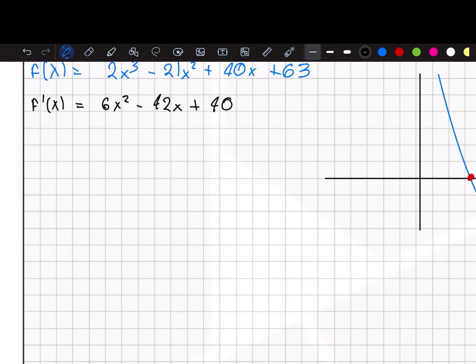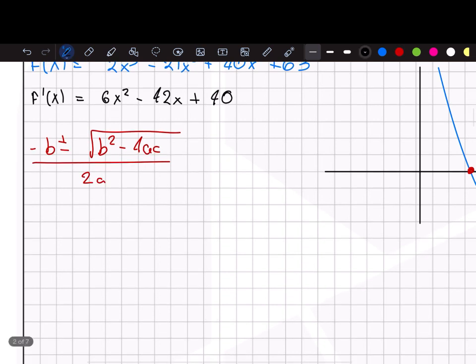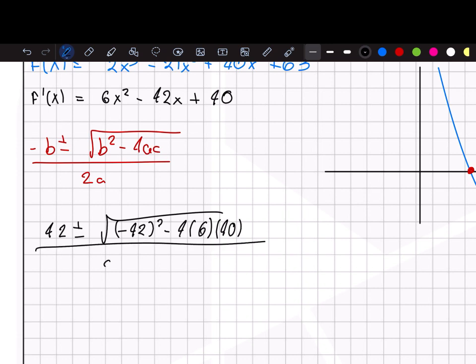So we'll have, once again, minus b plus or minus the square root of b squared minus 4ac, divided by 2a. So in this case, we have 42 plus or minus the square root of minus 42 squared minus 4 times 6 times 40, all divided by 2 times a, which is 6. And we get 2 values, one's positive, one's negative.